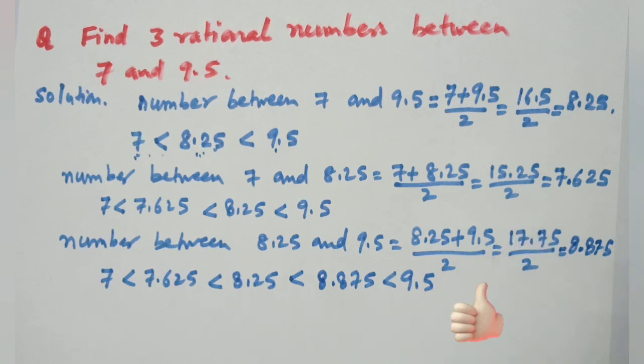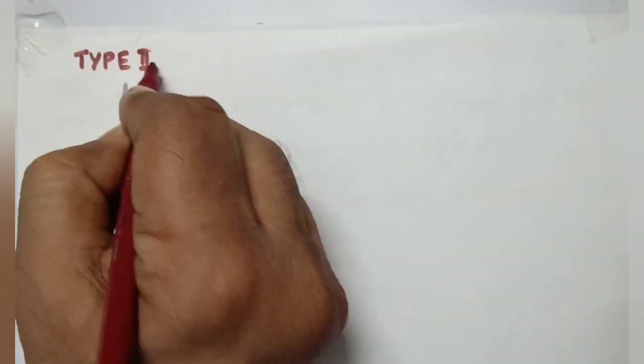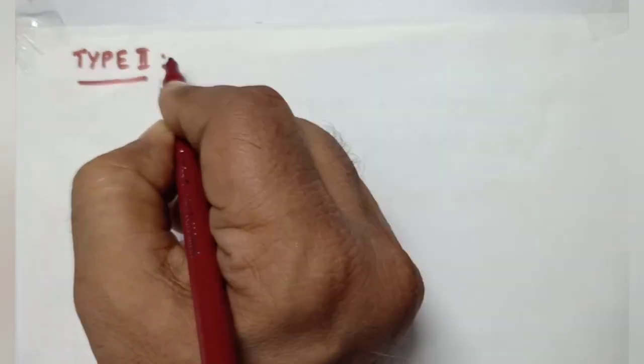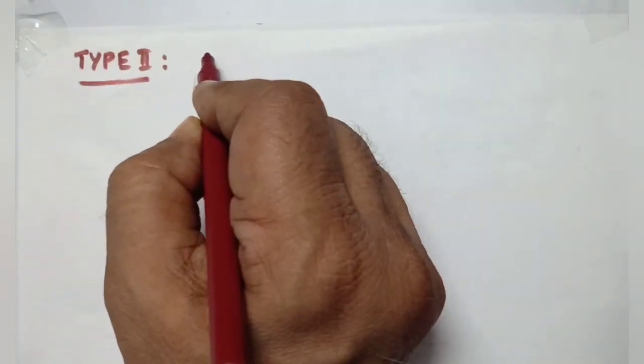So our type 2 method is a little easier than this. In type 2 and type 3, if we have to find more numbers, then we use those methods. Clear? Type 2: when we have to insert more numbers and the denominators are the same.